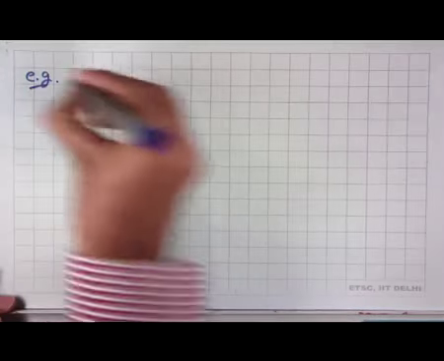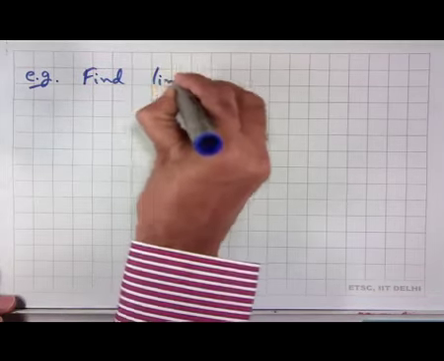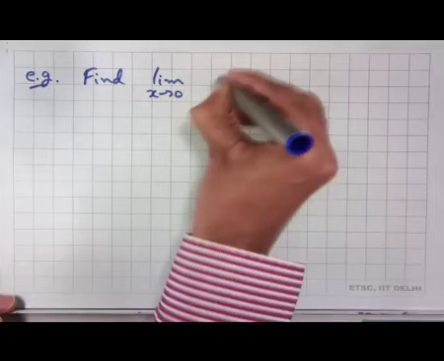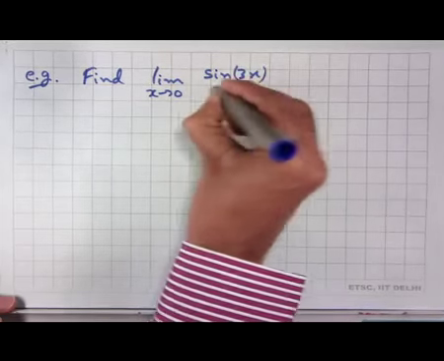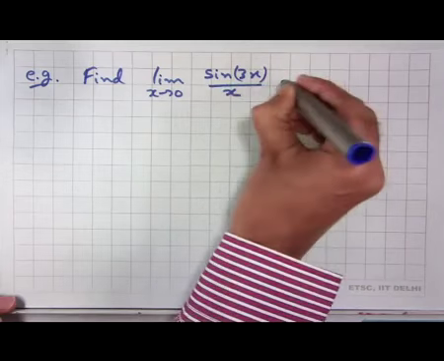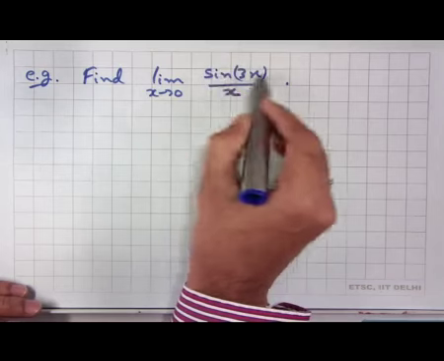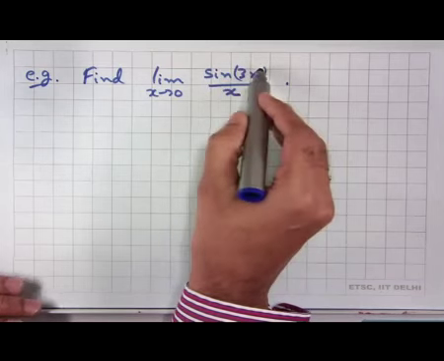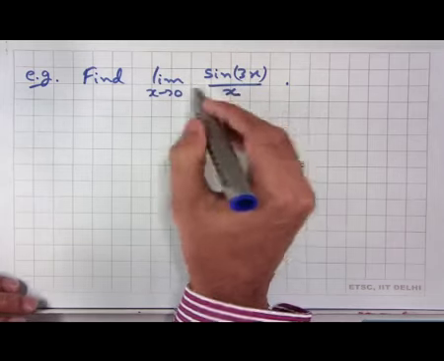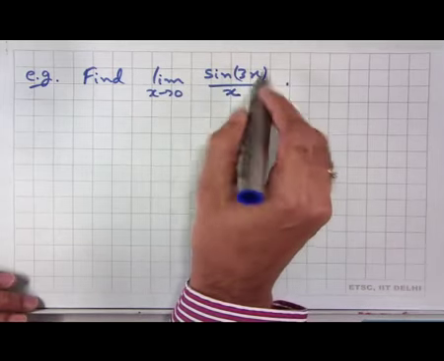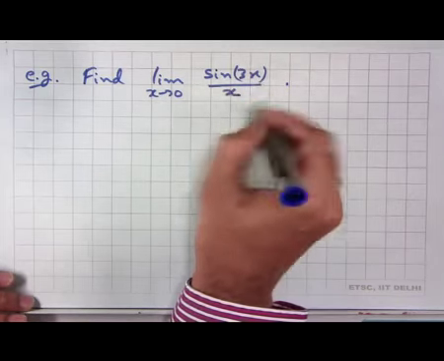Another example: find the limit of x going to 0 of sin 3x divided by x. Many students make mistakes thinking that sin 3x is going to 0, x is also going to 0, and we have seen that the limit of sin x by x is equal to 1, but this limit is not equal to 1.